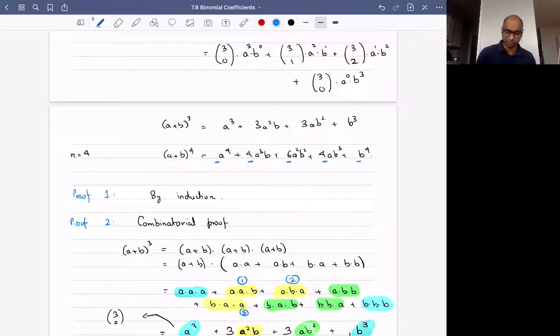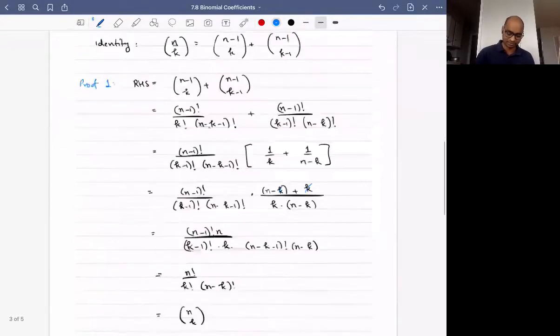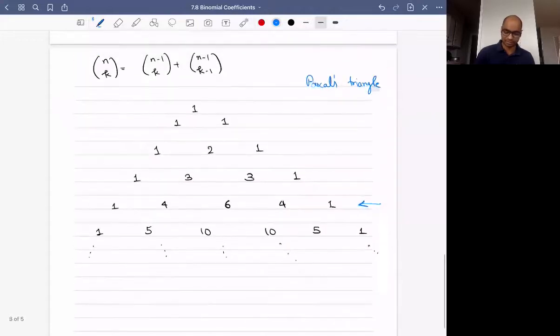For a plus b cubed, we had 1, 3, 3, 1, and that is exactly this row. So by this procedure we are producing all the coefficients n choose k. This is a triangle whose entries are exactly the n choose k.